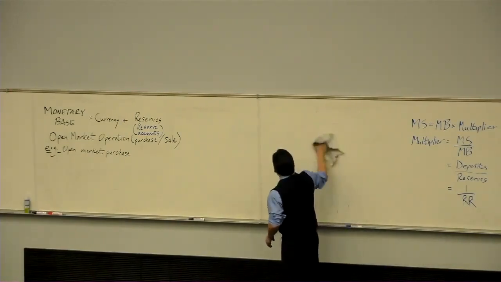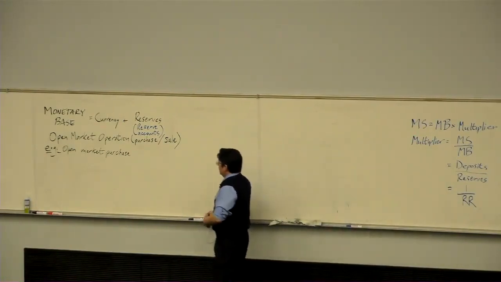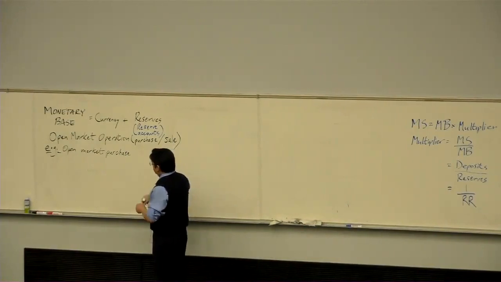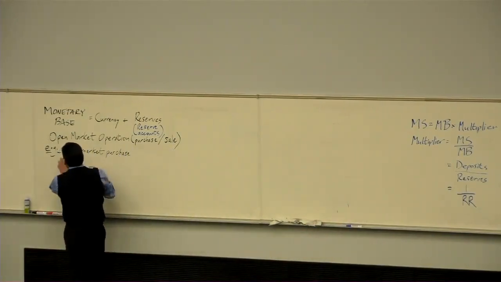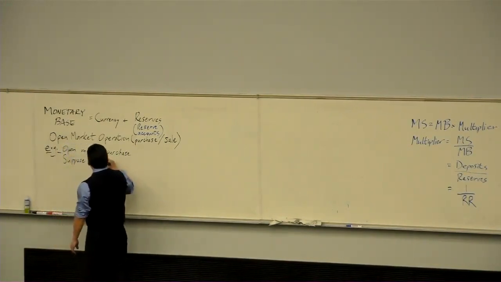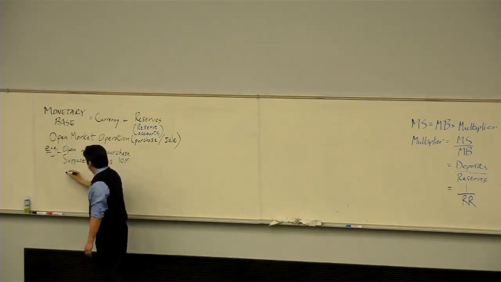Before we think about the Fed buying a bunch of assets, I guess we could start by saying, e.g., suppose the Fed buys $10 million of securities.